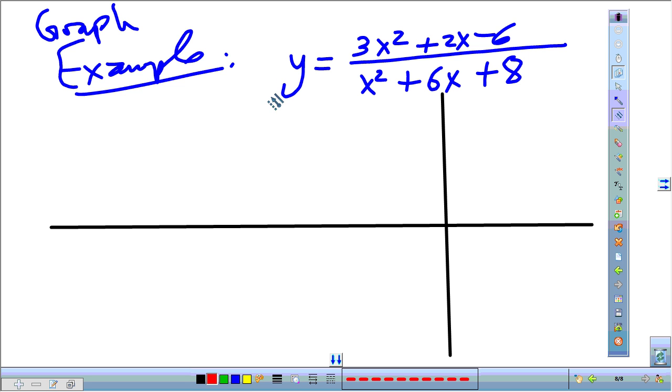Now, let's take a piece of this graph, what we just looked at, the limit as we approach minus 2. What does this say about the graph?